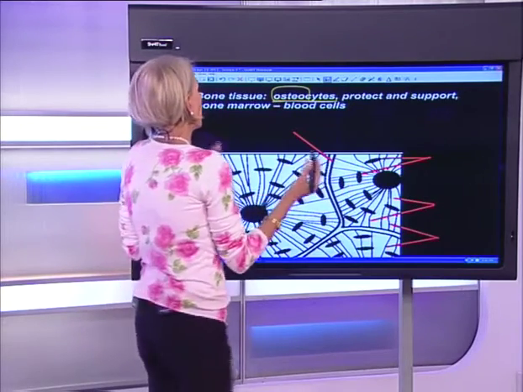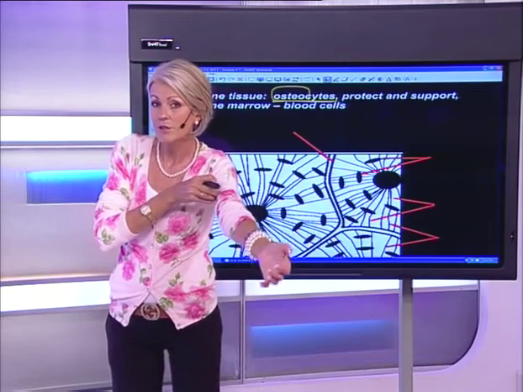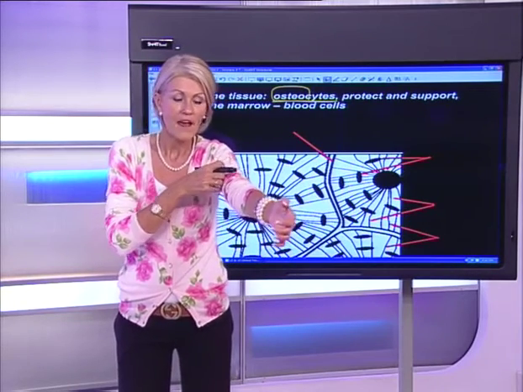All right? Now, what does the bone tissue do? Well, people, look, it protects. It provides structure and support. Because if we didn't have a skeleton, we wouldn't have anything to attach our muscles to. You follow? So you've got to remember that the bones give us our structure.